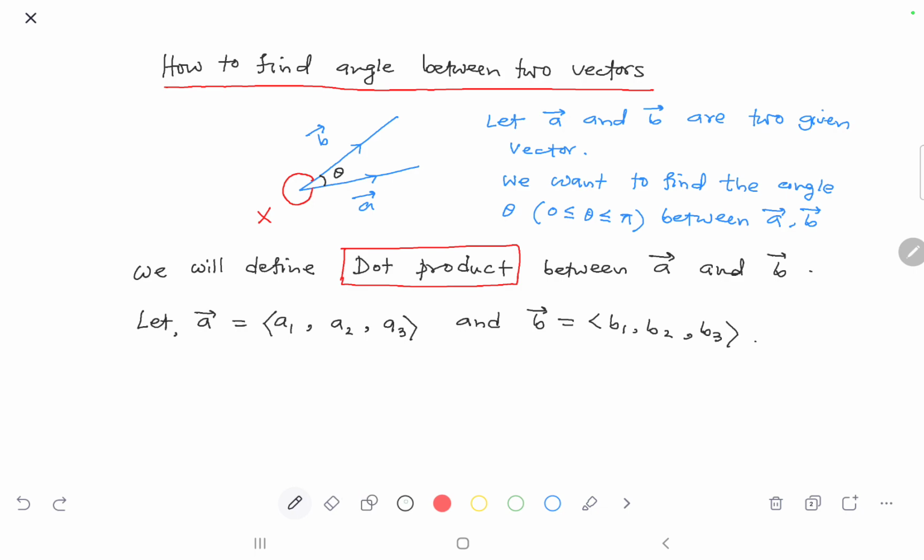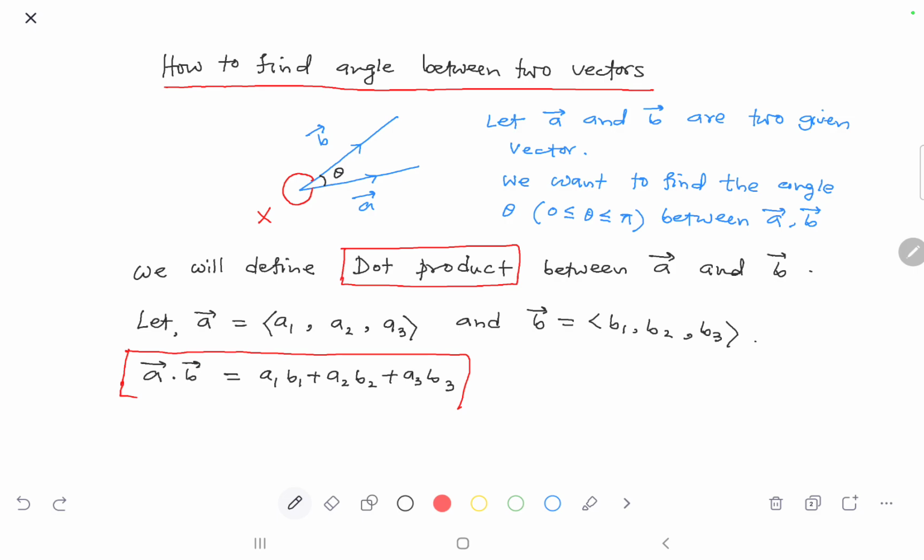So now the dot product A dot B is defined by, let me write it here, the definition. A dot B is nothing but A1 B1 plus A2 B2 plus A3 B3. Is that clear? This is the definition for the dot product.